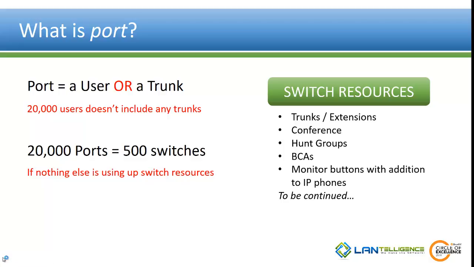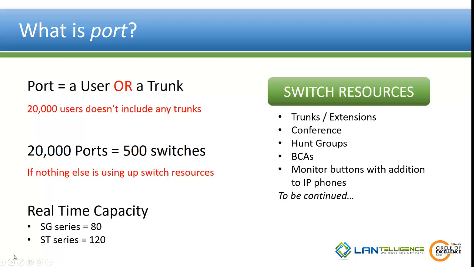If nothing else, it's using up switch resources. Okay, you've got switch resources, which are trunks, extensions, conferences, hunt groups, BCAs, bridge call appearances, monitor buttons with additional buttons to monitor additional IP phones. Real-time capacity.